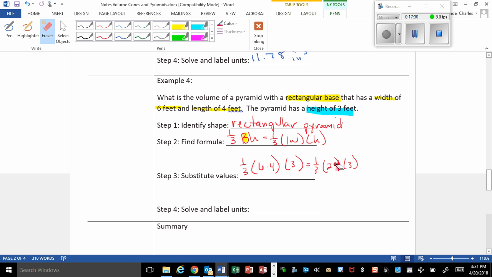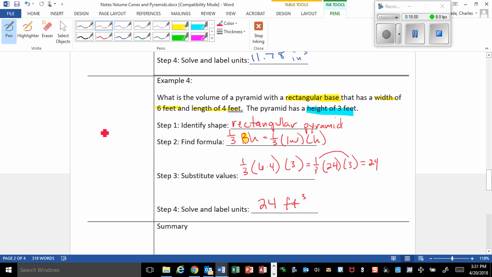My writing's terrible. 4. Okay, so 24 divided by 3 I know is 8, and 8 times 3 is 24, but I could have done 1/3 of 3 is 1, and 1 times 24. Okay, so I get 24 feet cubed.